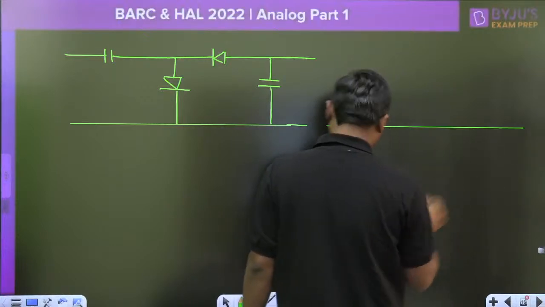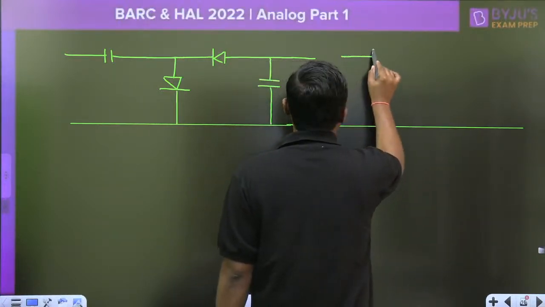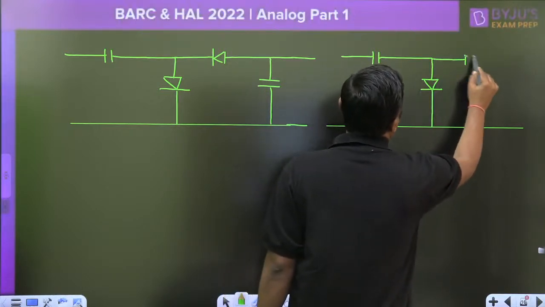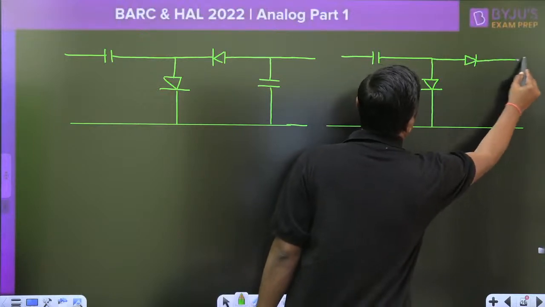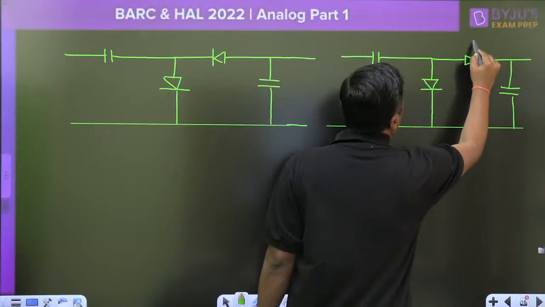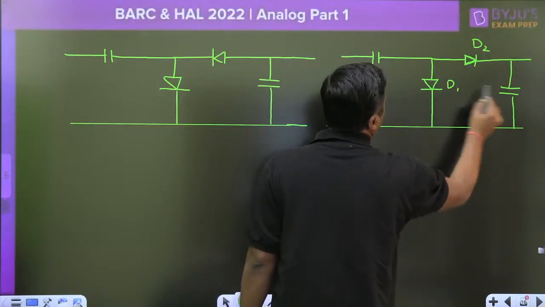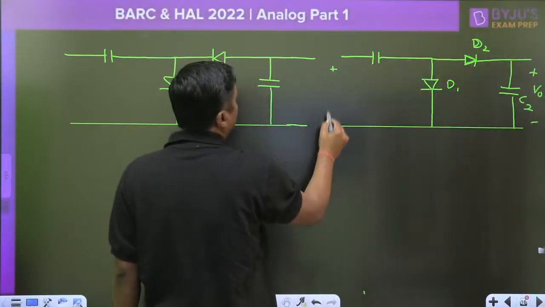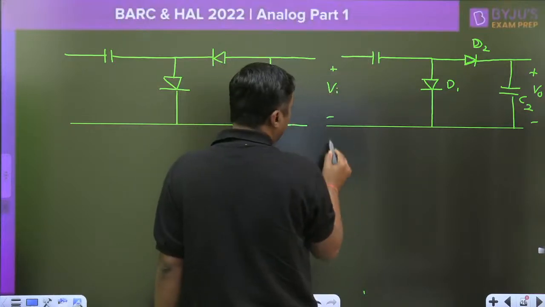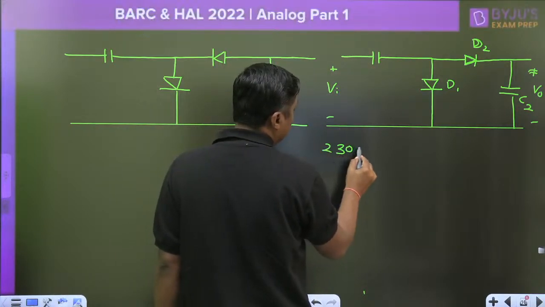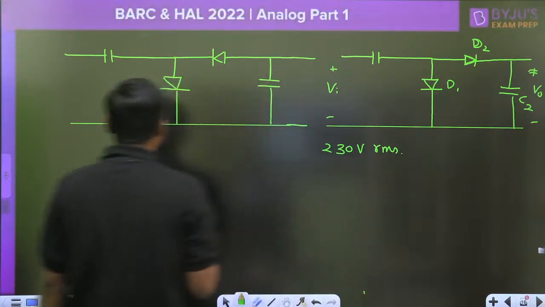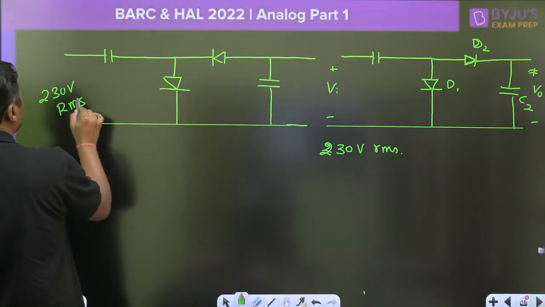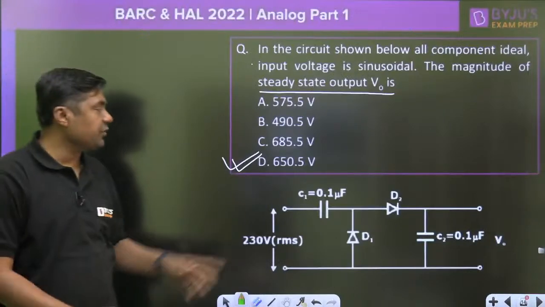Same input, I am giving 230 volt RMS. Now you have the answer. 230 volt means what? 650.5.